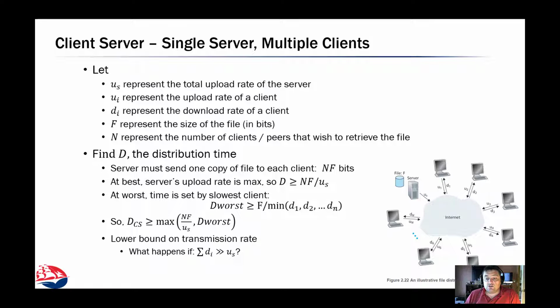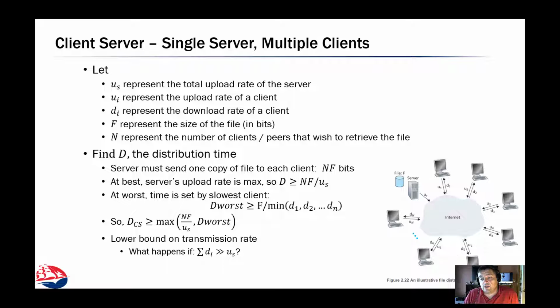So the distribution time must be at least the number of bits times the number of clients divided by the server's upload speed. So this is assuming, for instance, that I have like a 500 terabit upload speed to the internet and everyone's using modems to download this file. We're not going to saturate the network.